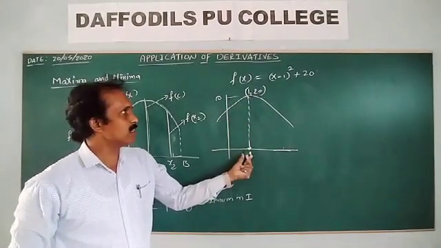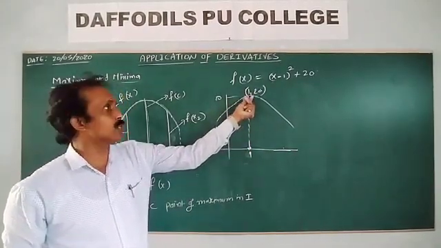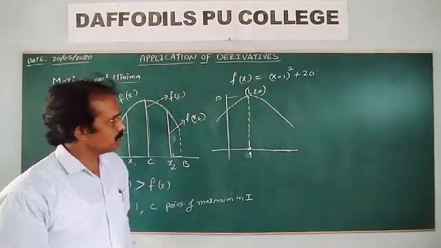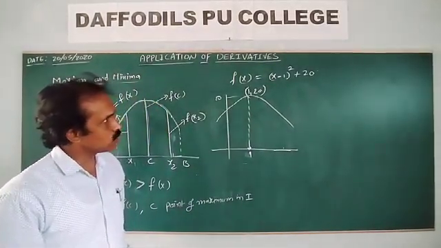Why? Because at 1 the value is equal to 20, and the remaining values decrease.